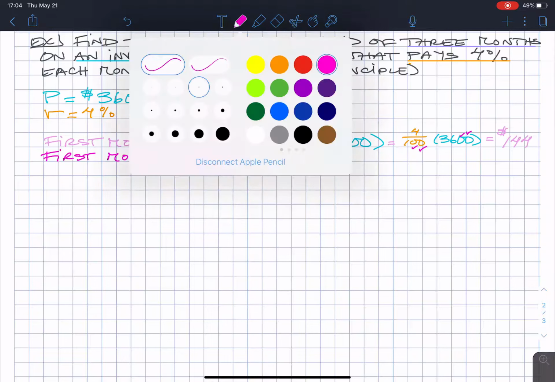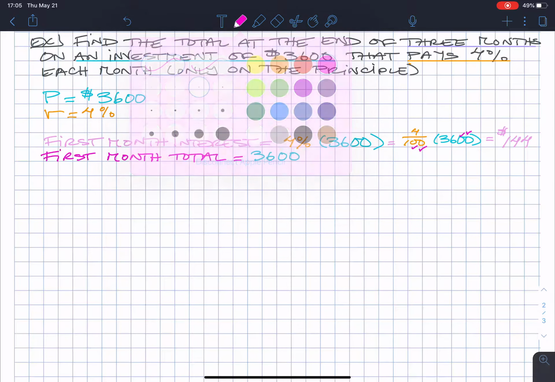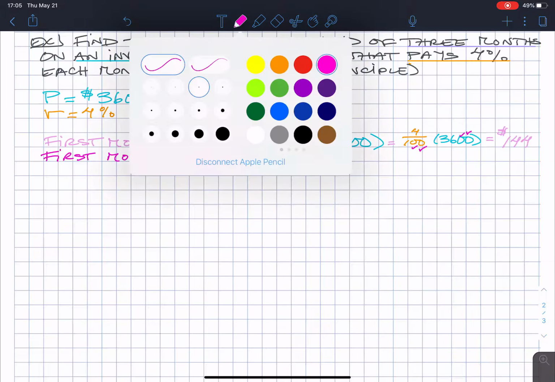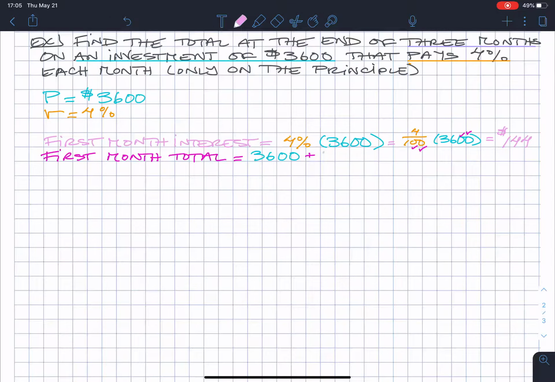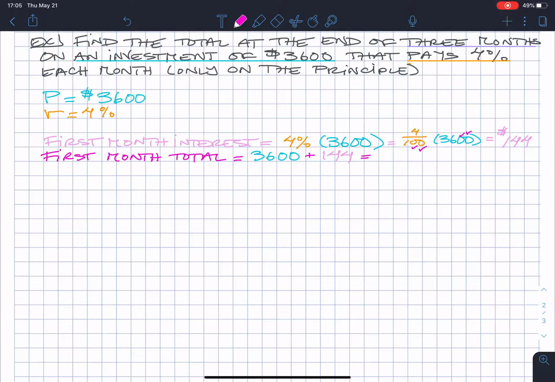Well, that's going to be the initial amount, 3,600, plus the interest we earned on that, which is 144. So the total at the end of the first month is going to be $3,744.